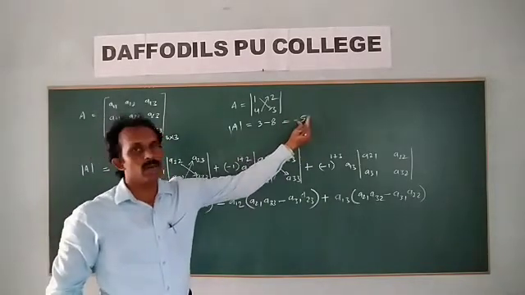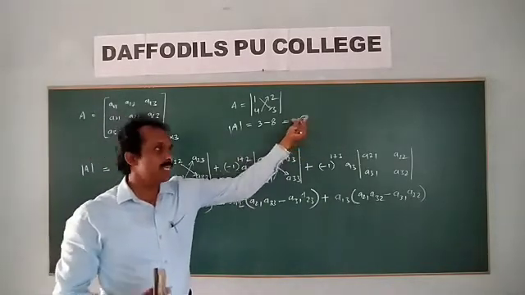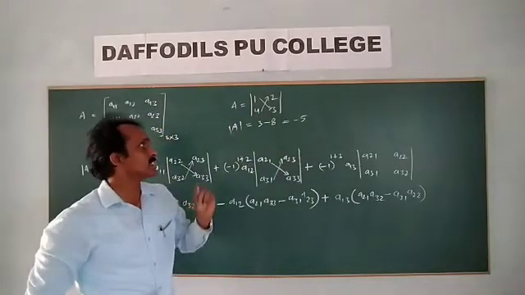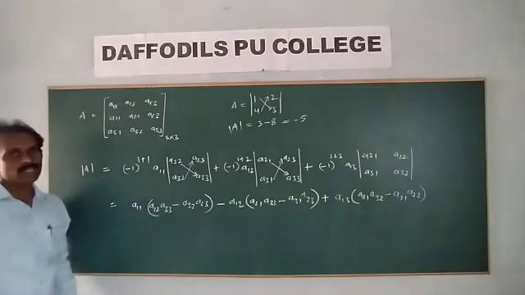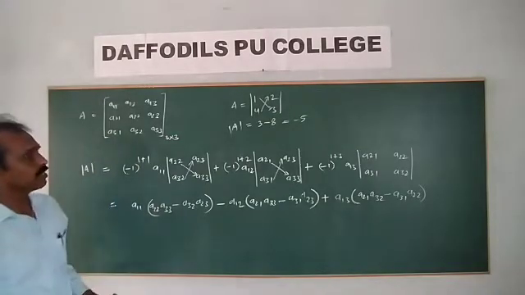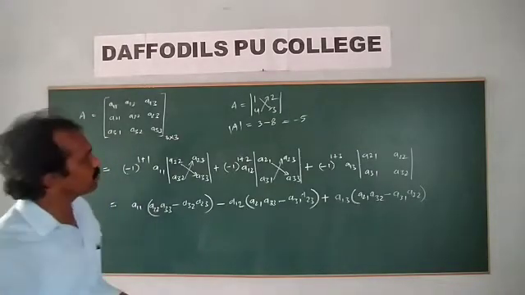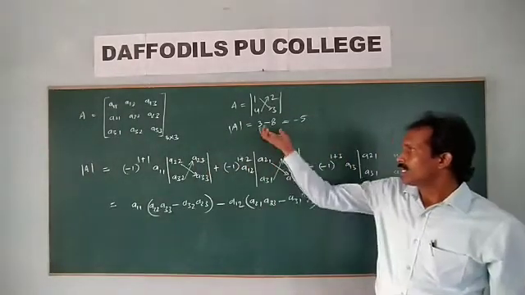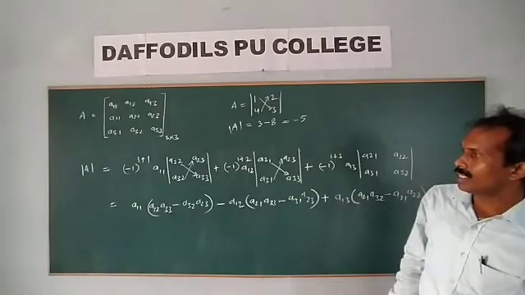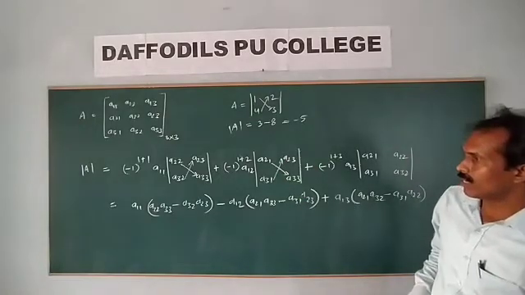A single number is called the determinant value of the matrix A. This is the 2 by 2 matrix and this is the 3 by 3 matrix. Advanced students, solve some problems about this concept of either 2 by 2 or 3 by 3 matrix.